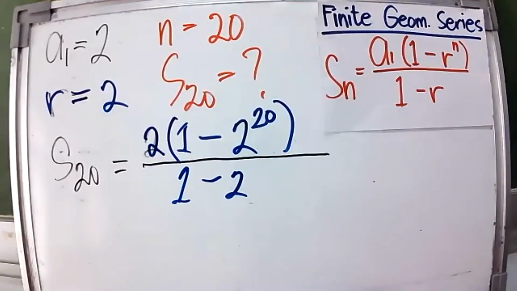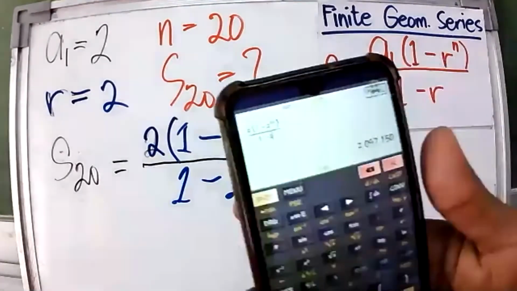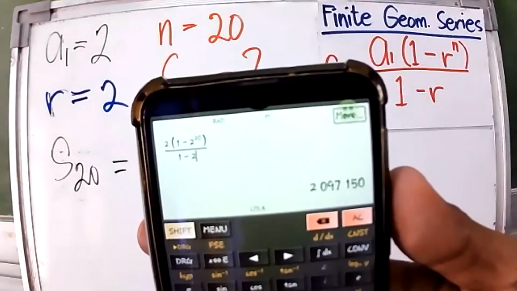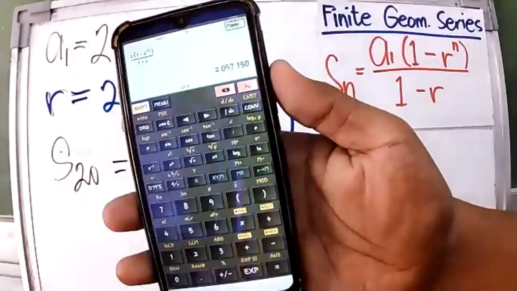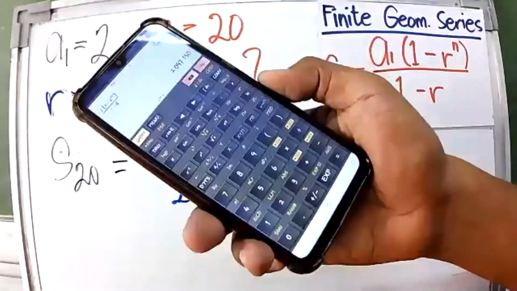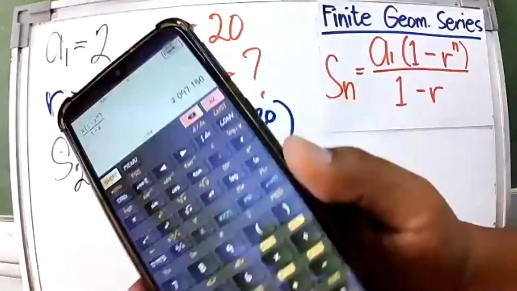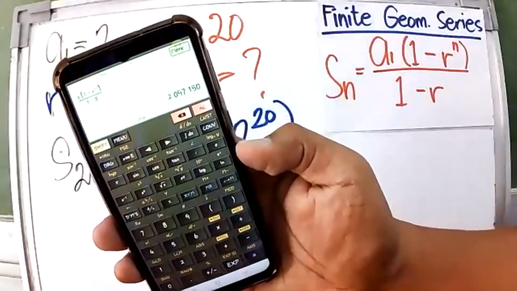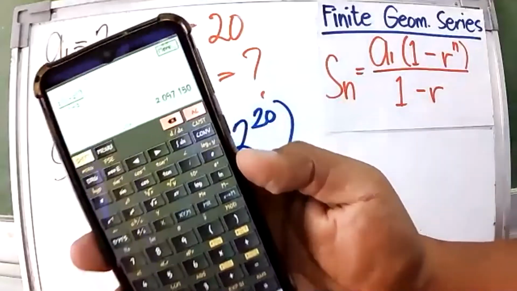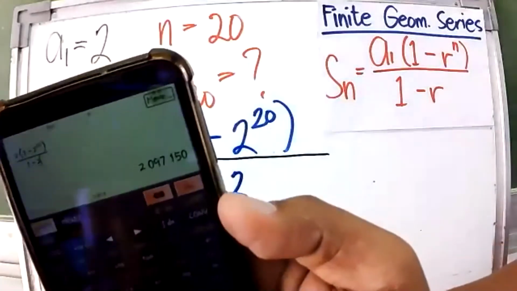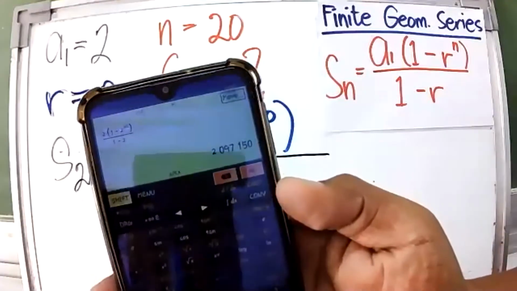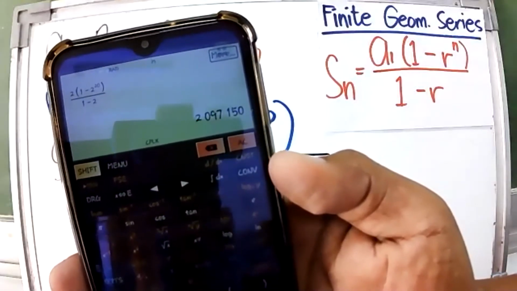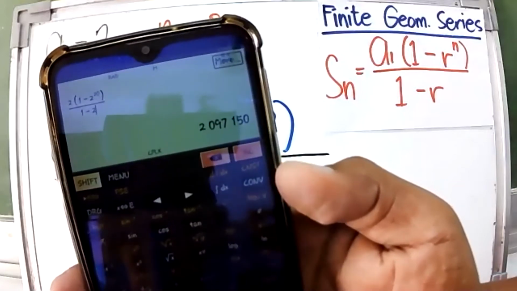Okay, everybody. If you press it in the calculator, this is it. Actually, I'm using my cell phone here. I downloaded a calculator na para siyang pang scientific. So, this can be found kung wala kayong natural display. There are lots of calculator apps which can be downloaded, so you can make use of them.